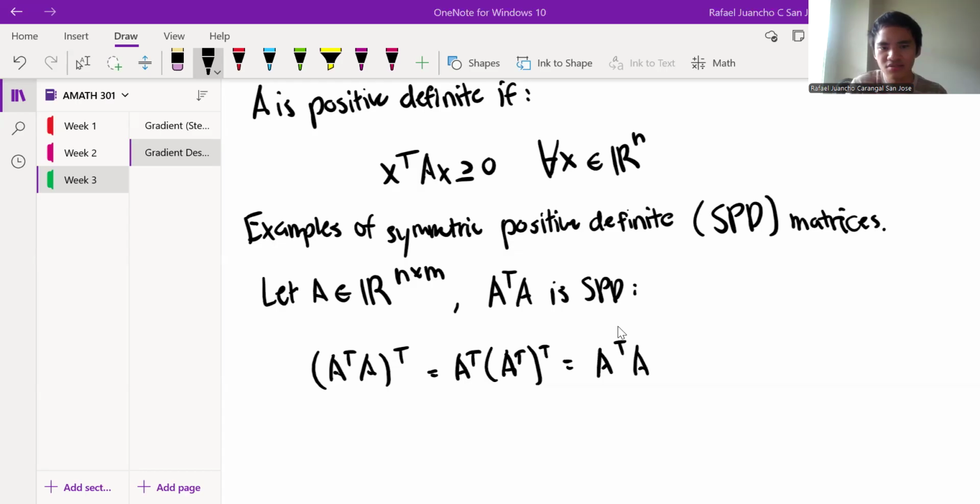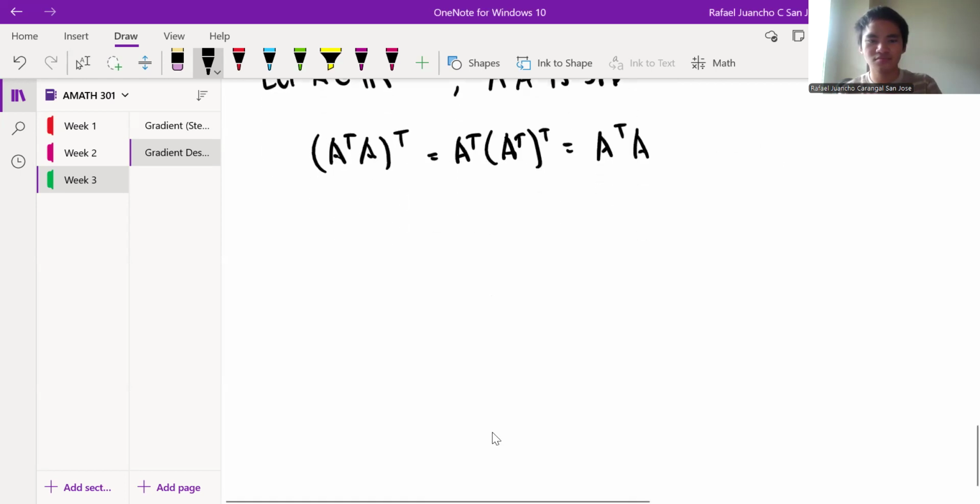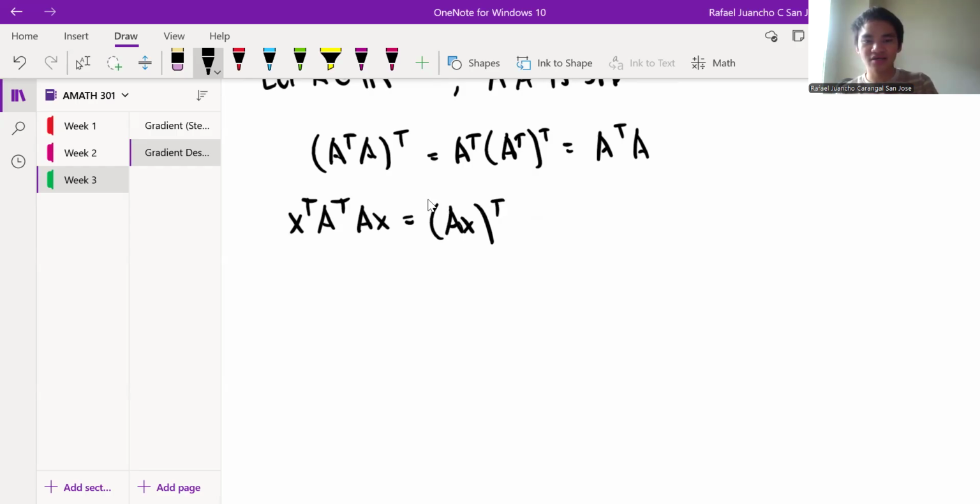What else? Okay, we have vector x, we take its transpose. My matrix A, we take its transpose times Ax. Well, this should just be the transpose of A times x multiplied by A times x.